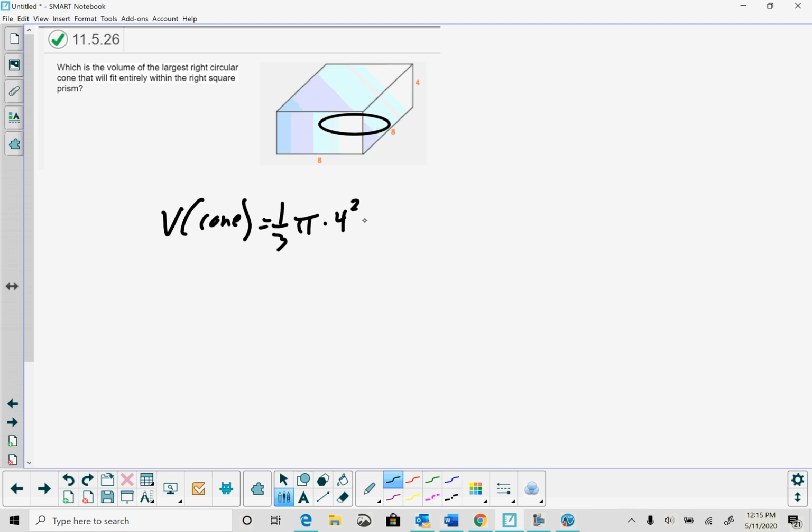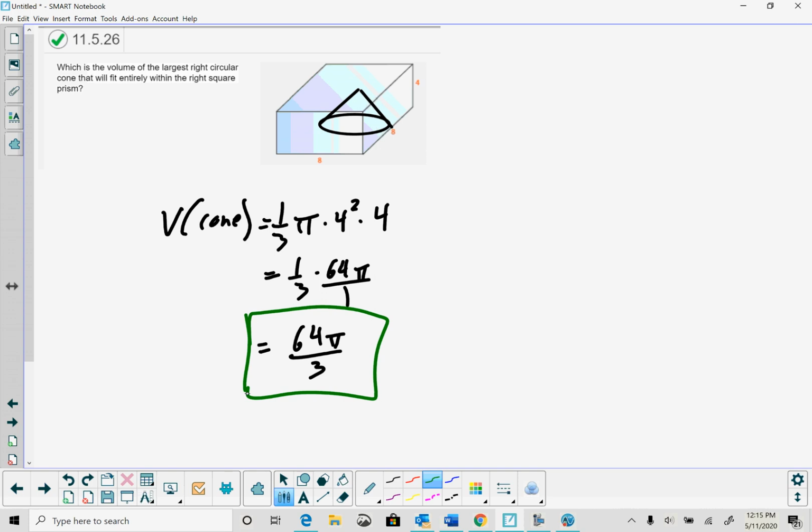And again, it's 1/3 pi r squared h. And then we're going to go from here up to some point in the top of it, which means the height of the cone is also going to be 4. So again, 4 squared is 16. 16 times 4 gives you 64. So this is 1/3 times 64 pi. And again, if we want to put that all as one fraction, 64 pi over 3. And again, they didn't give us any units of measurement, so we don't have to worry about coming up with that.